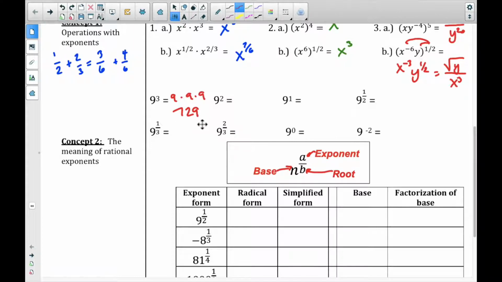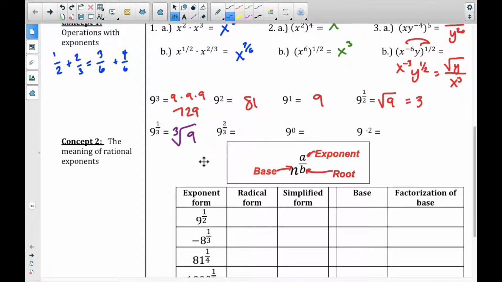That might not have been something you knew in your head, but it's something you could find on your calculator or other means. 9 squared is 9 times 9, which is 81. 9 to the 1st is 9. 9 to the 1/2, and I mentioned this just a second ago, is the square root of 9, and so that's 3. 9 to the 1/3 is the cube root of 9.